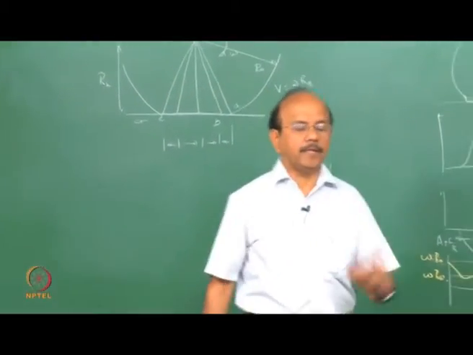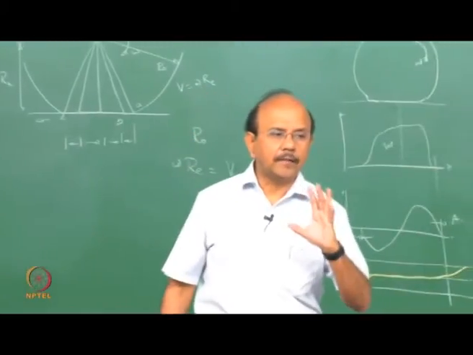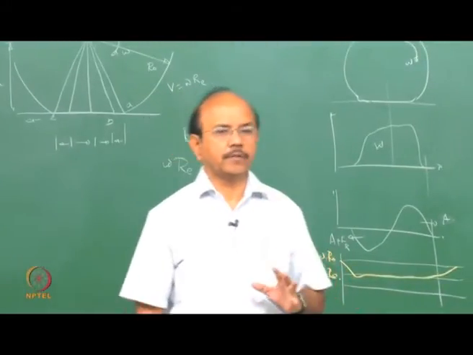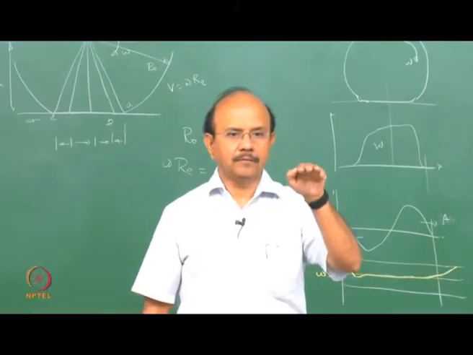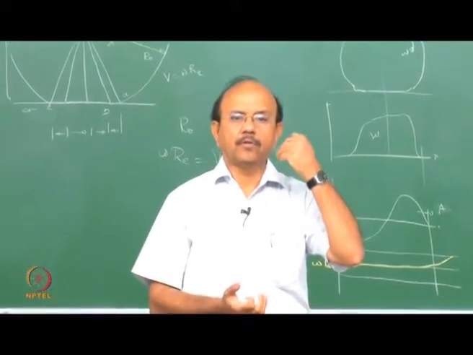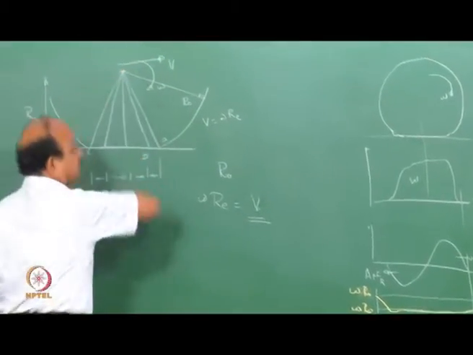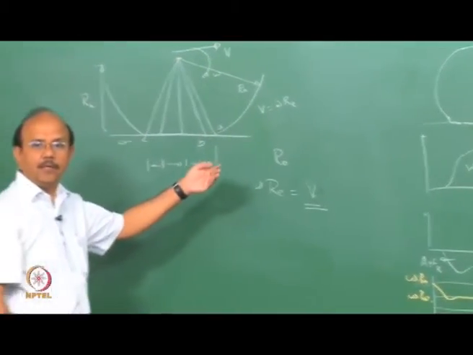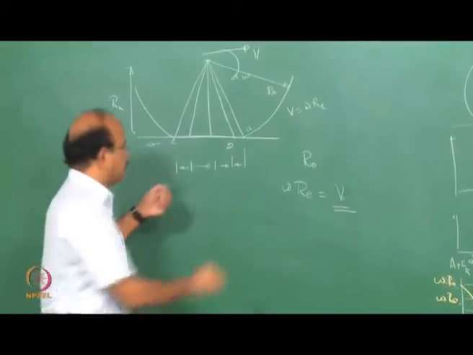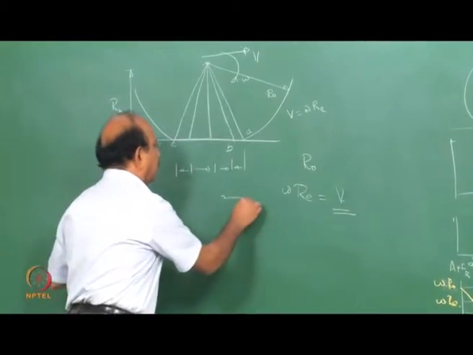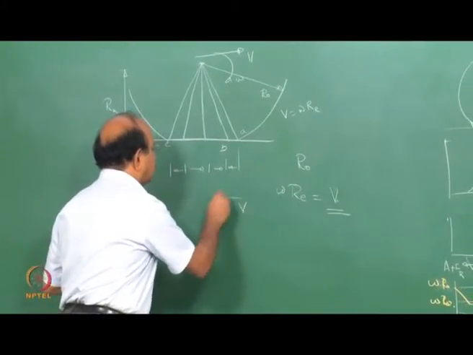As I told you in the last class, we can look at the velocity of motion of the wheel with the ground stationary, or you can look at it as if the wheel is stationary and the road travels with a velocity of v. Either way, it's fine for us.